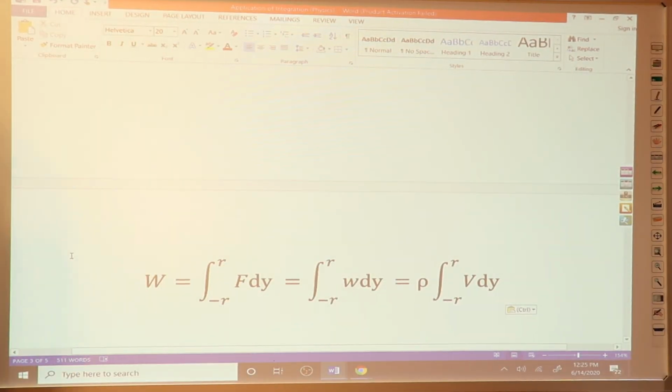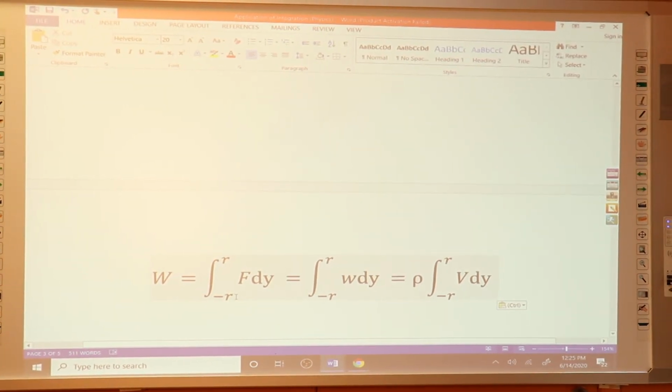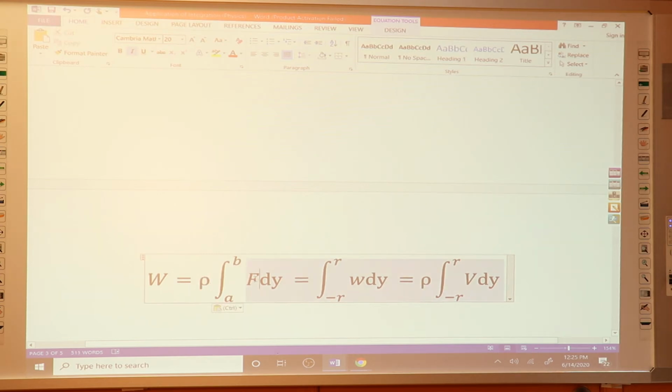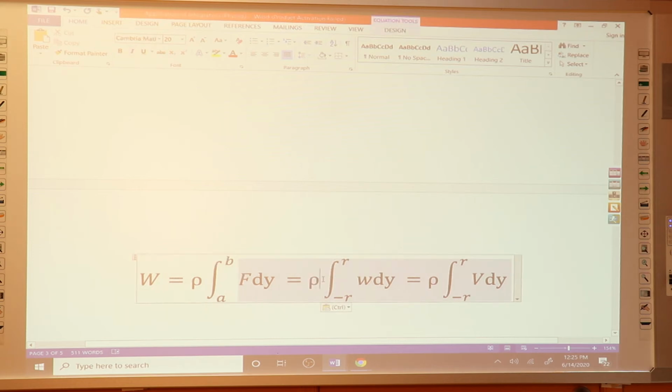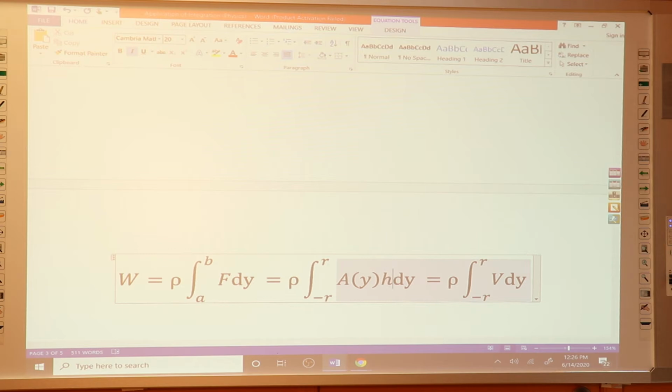They write the work equal from A to B. Sometimes when they have fluid, they write this formula from A to B of rho, the area A as a function of y, h as a function of y.